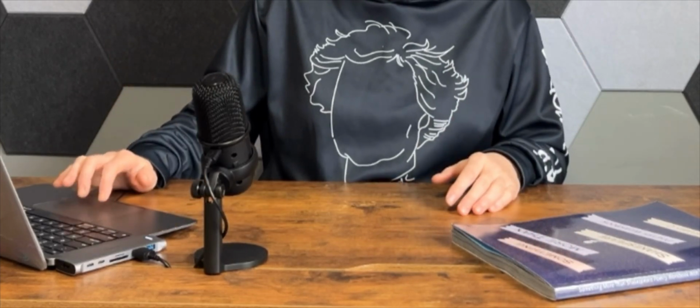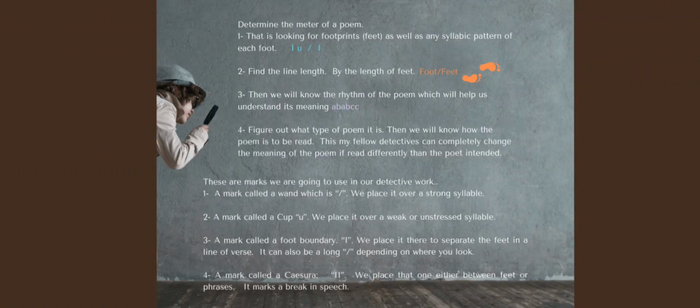That will allow us to: 1. Determine the meter of the poem. That is looking for the footprints or the feet, as well as any patterns of syllables with each foot. 2. We will be able to find the line length by the length of feet. 3. Then we will know the rhythm of the poem, which will help us to understand its meaning.